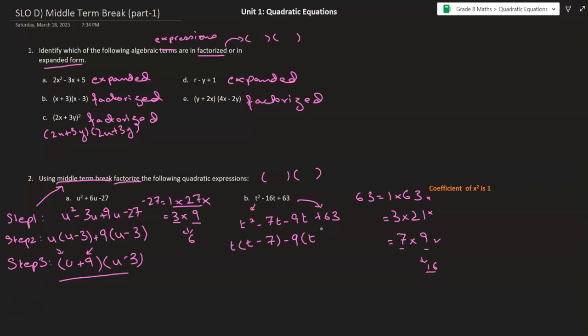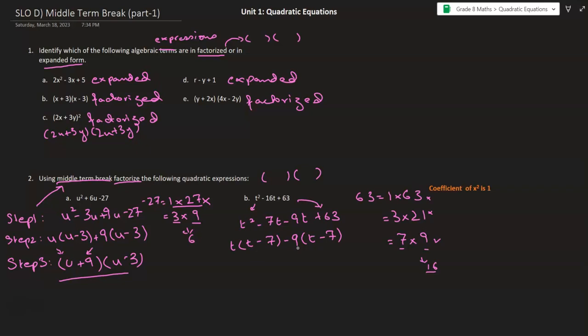And what number am I going to multiply with 9 that gives me 63? That's basically 7. And so that's minus, and I need to get a plus whenever it multiplies with 7. I need to get plus 63, so that should be a minus as well.